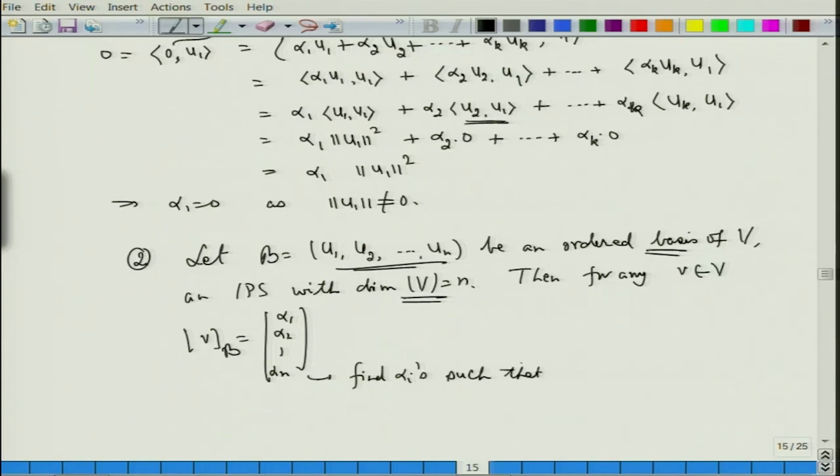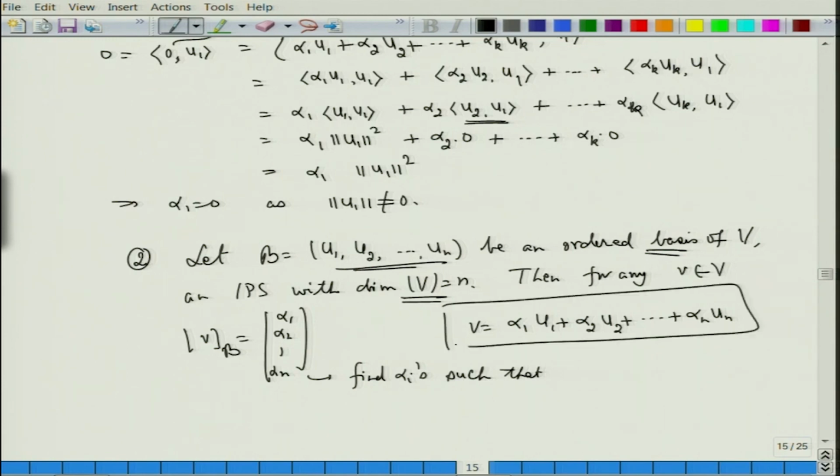such that v is equal to alpha 1 u1 plus alpha 2 u2 plus up to alpha n un. If I want to find these alpha i's so that I can write the coordinates of v with respect to basis B as alpha 1 to alpha n, then I need to solve a linear system.